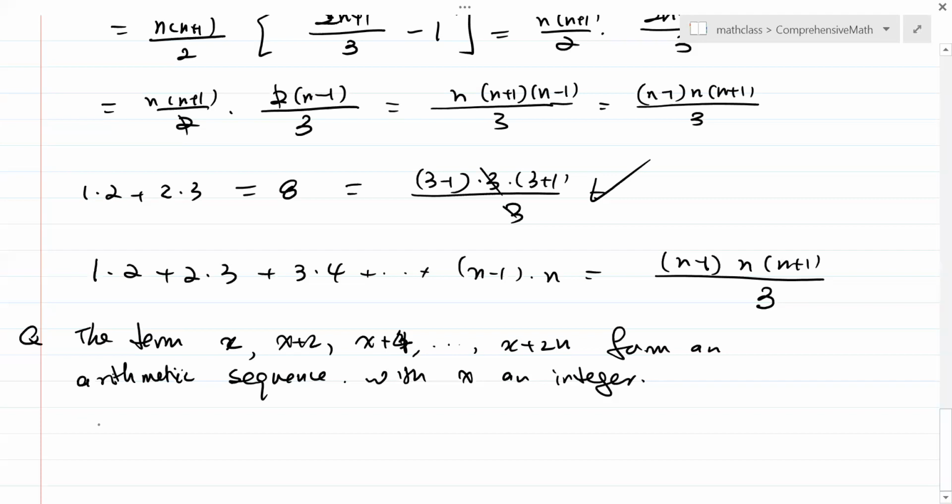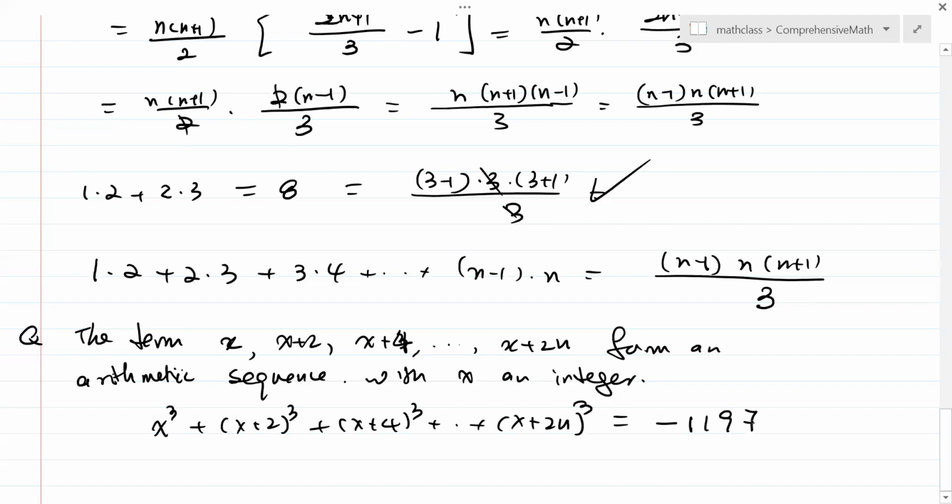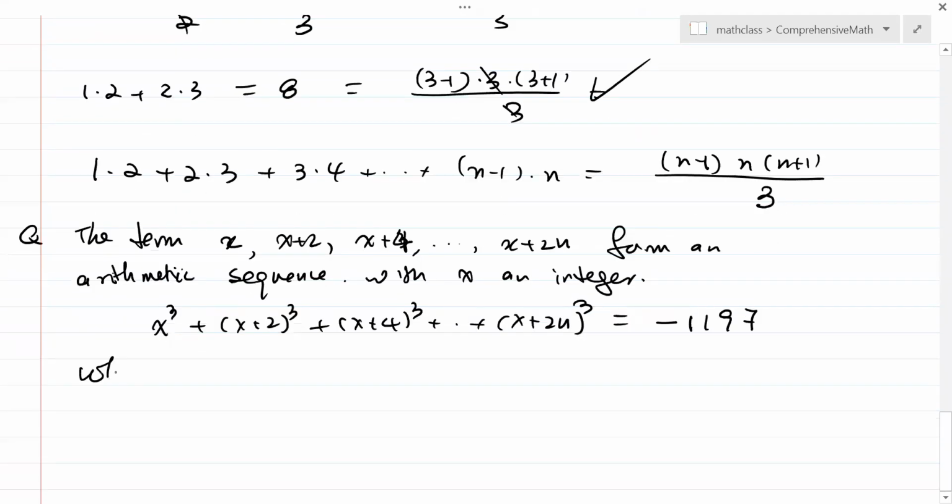Okay, so if it's cubed, the integer is not necessarily positive, it could be negative, right? So clearly, what is n if n is greater than 3?